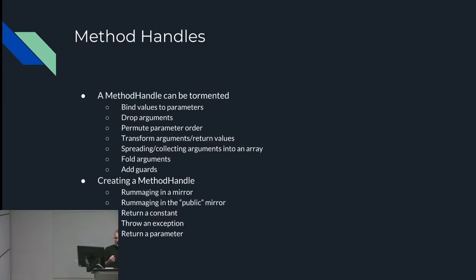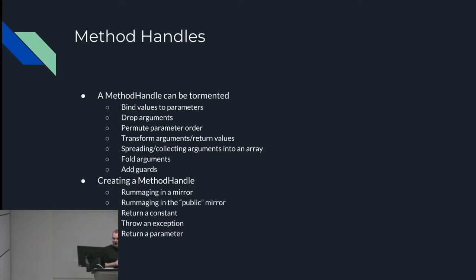If you go into the method handles class, there's a whole collection of methods there to help you manipulate method handles. You can put in constants for parameters. You can get rid of arguments. So like, I have a function that takes one argument, produce me a function that takes two arguments and just throws the second one away, or throws the first one away, depending on what you need. You can rearrange the order of the parameters.